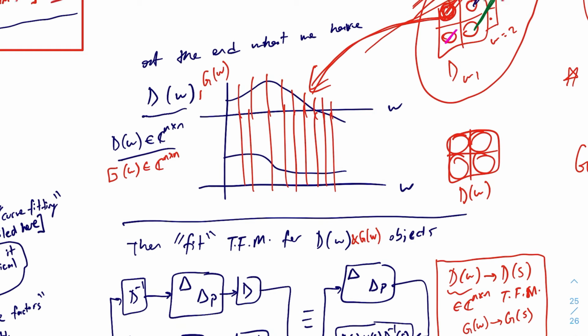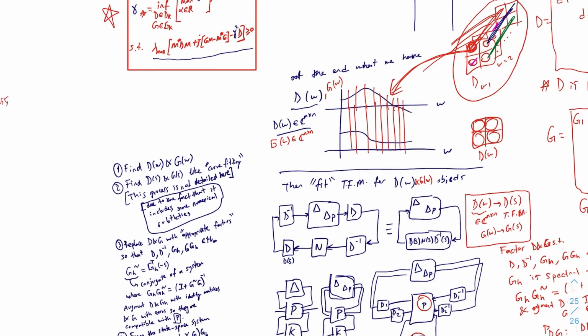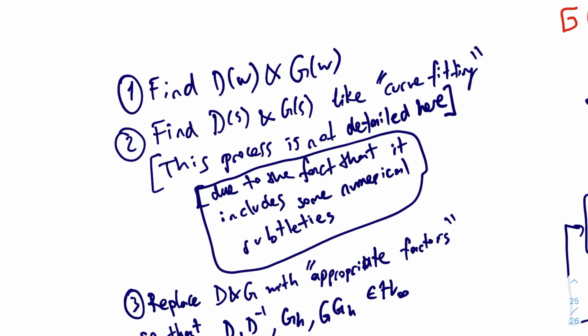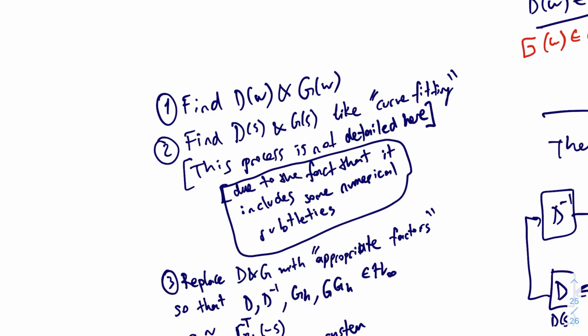It's like curve fitting, the curve fitting of the transfer function version of it. However, it's not straightforward curve fitting. You also have some additional constraints, and let's look at those additional constraints.